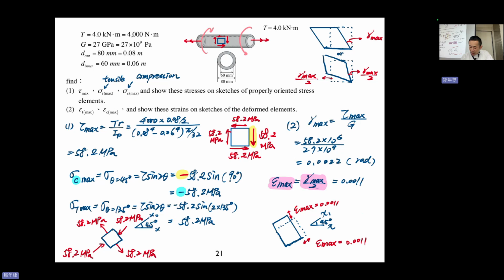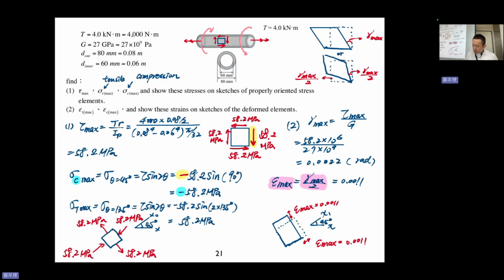Previously you have the original shape as a square, and after the deformation you may end up with a shape like this, a parallelogram, or you can become a rectangle. So all you need to do is change the shape, mark epsilon and gamma max, mark all the values, and then you can draw the deformed elements.